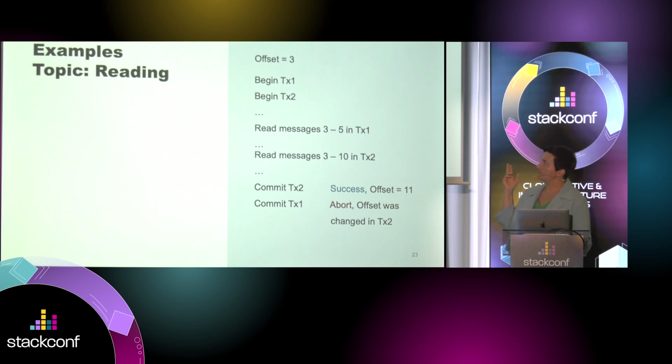We read messages from 3rd to 5th in transaction TX1. Then we read messages from 3rd to 10th in transaction TX2. And then we try to commit TX2 first. It succeeds, and the offset is now equal to 11. And we try to commit TX1, and it would be aborted because the offset was changed in the previous transaction. Offset for this specific topic, this specific partition, and this specific reader.